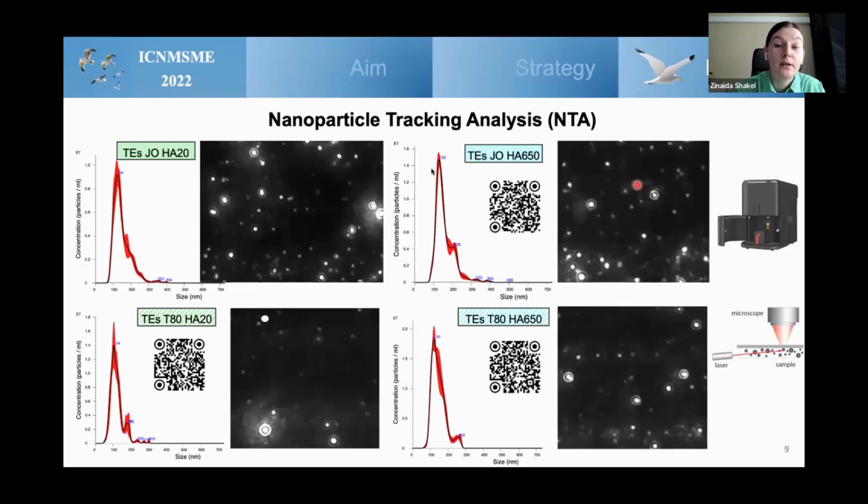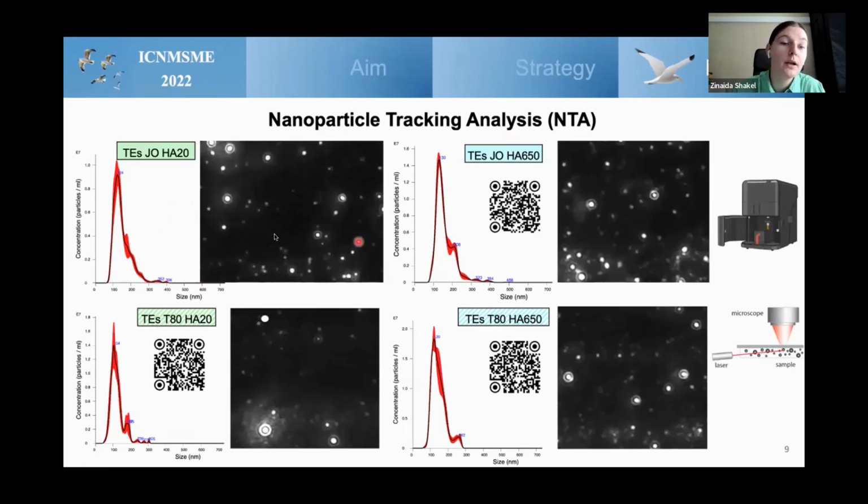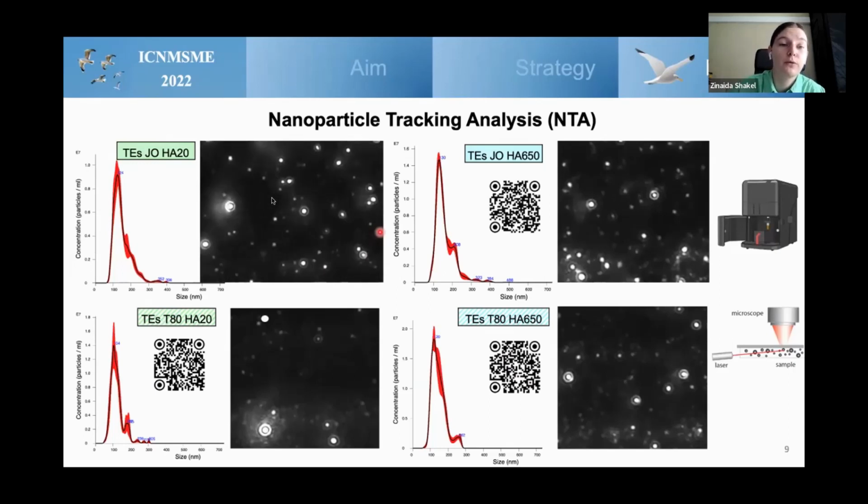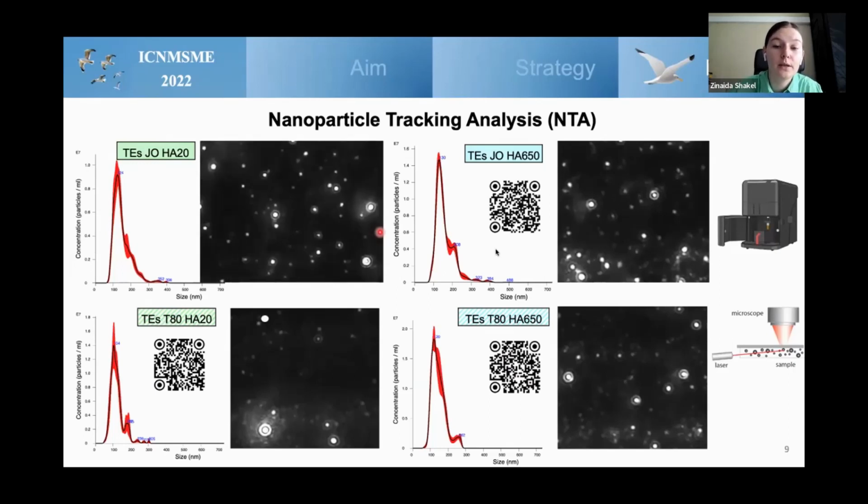Then we decided to make nanoparticle tracking analysis. We made it to confirm size distribution and also visualize the particles. You can see a video here. The nanoparticles are in the water, they move with the flow, and we can see them.